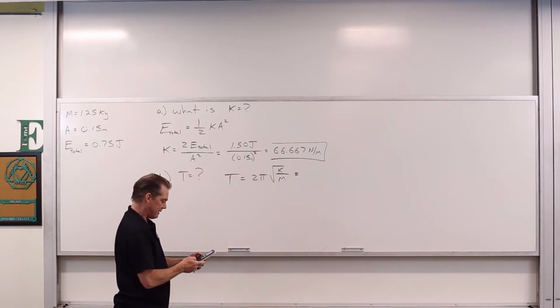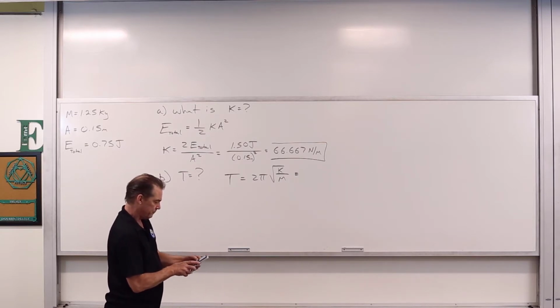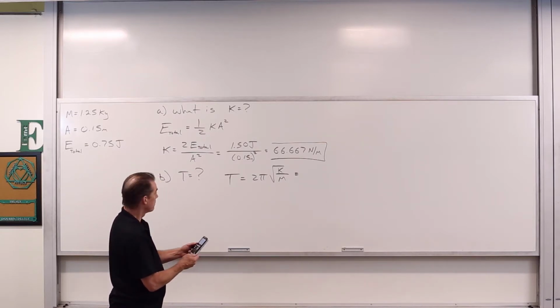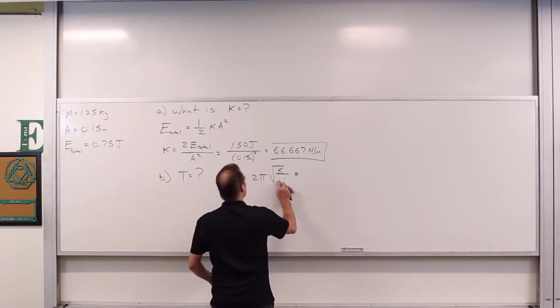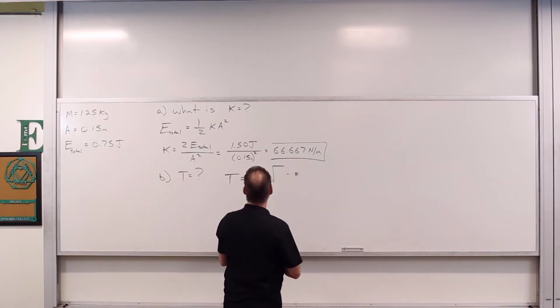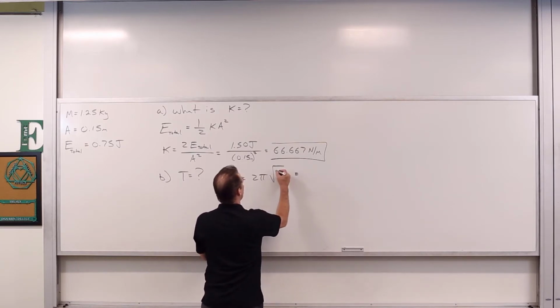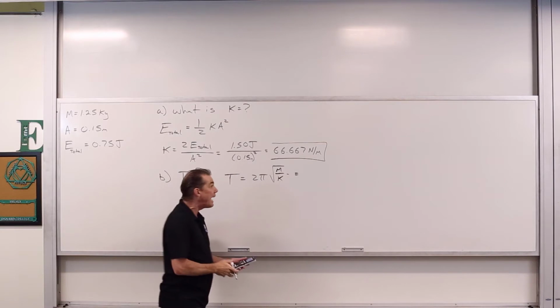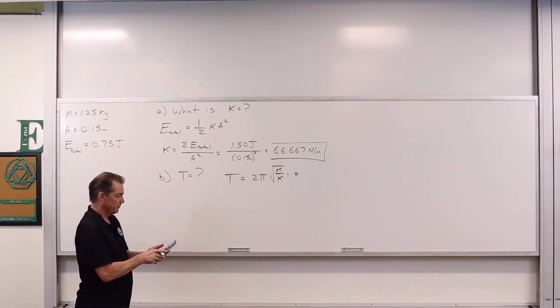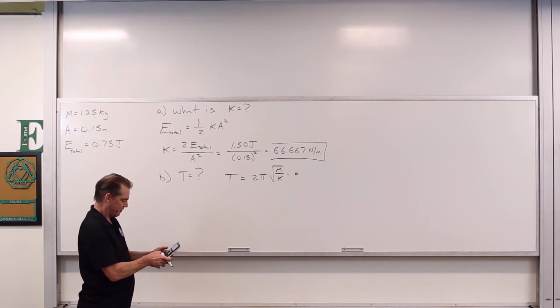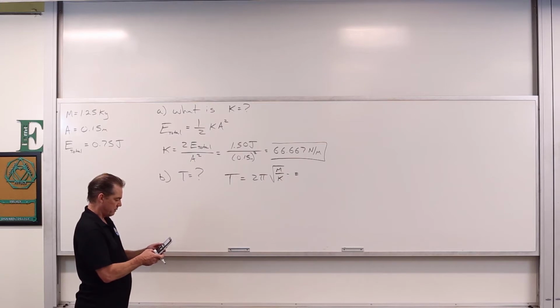So this is going to be equal to 2 pi times the square root of 1.25 divided by 66.67.